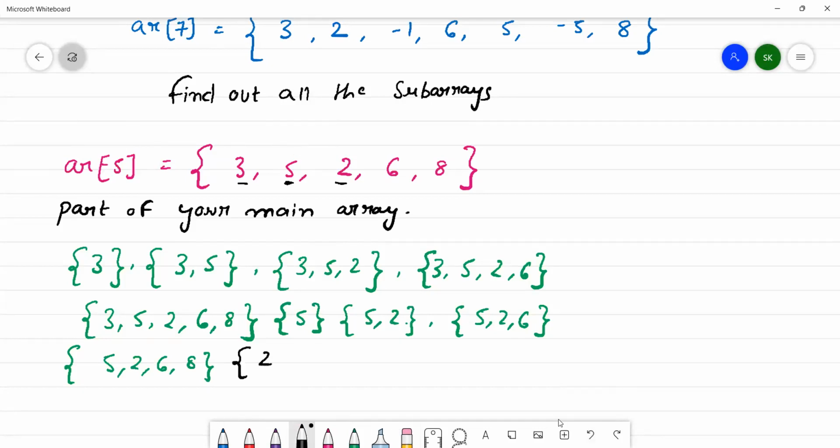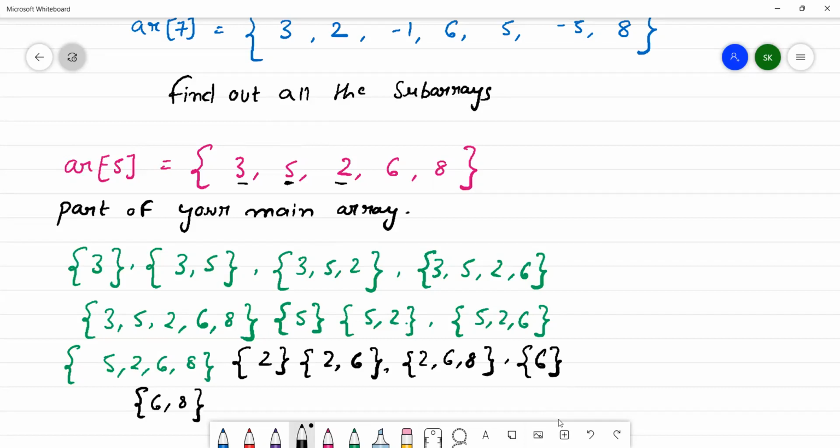Next, if I pick 2, then here it will be 2, 6. Next, it will be 2, 6, and 8. Next is 6. Then 6 and 8. And at the end, it is 8. Clear? How many total subarrays did we get?